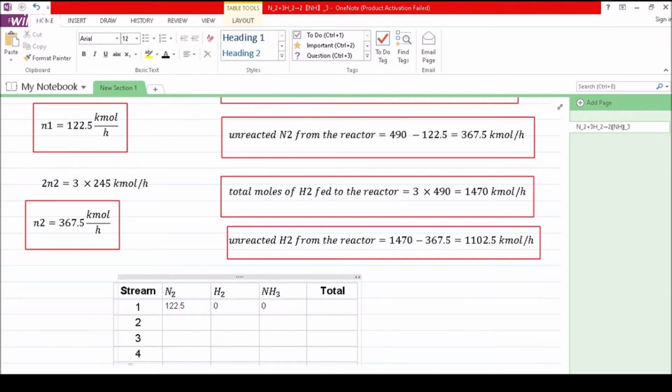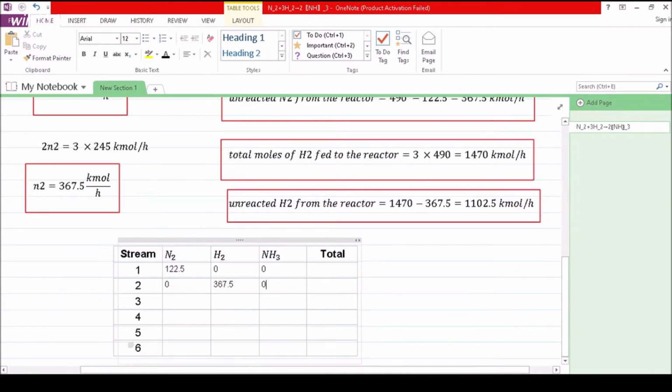And in our stream 2, we have no nitrogen and 367.5 kilomoles of hydrogen and still no ammonia, since this is our feed.